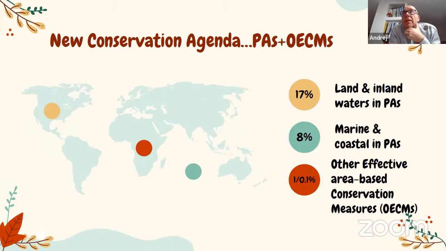We call it the post-2020 agenda, and this brings a shift in the current understanding of what areas should be included in this kind of numerical targets for protection, or just better to say, of well-managed areas for biodiversity conservation. So the new conservation agenda is actually composed of 3 components.